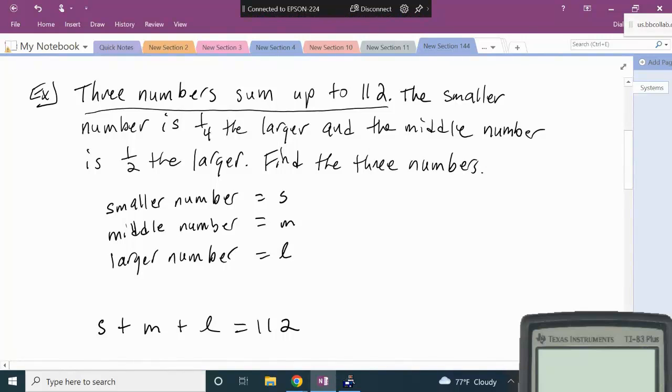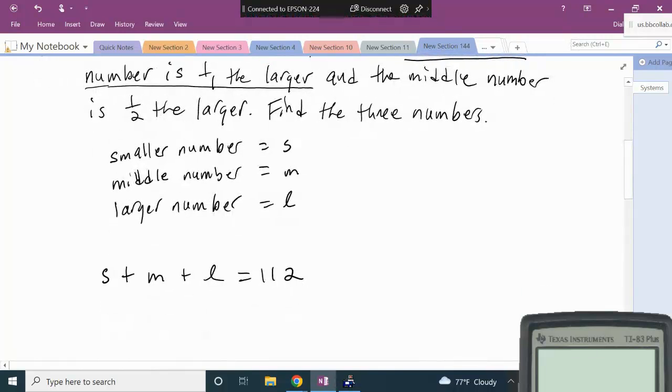Now if we look at the second statement, it says that the smaller number is 1/4 the larger number. So I'm going to write that out as an equation.